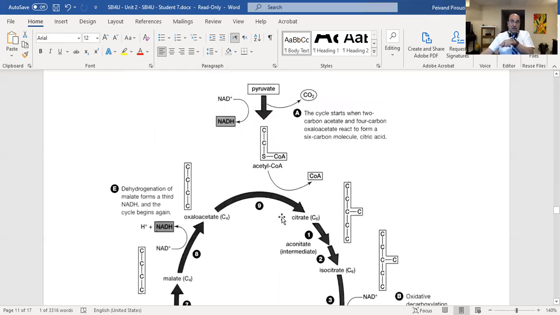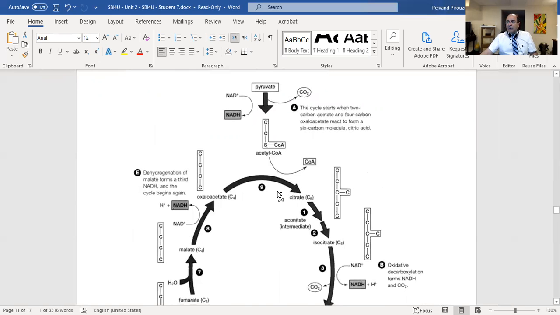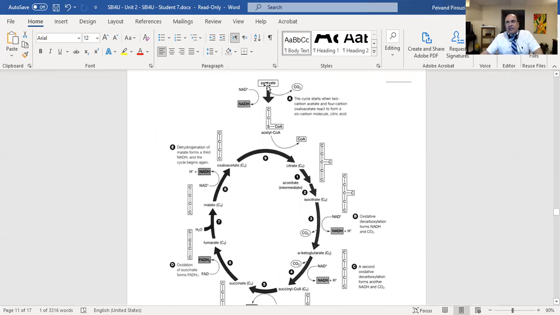This is the Krebs cycle, where one molecule of pyruvate is going to undergo some transformations. Each time here, you have different enzymes, enzyme number 1, enzyme number 2, enzyme number 3, enzyme number 4. You do have different enzymes that are all located in the inner membrane of the mitochondria.